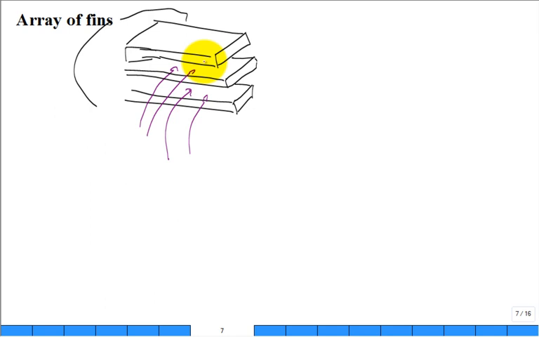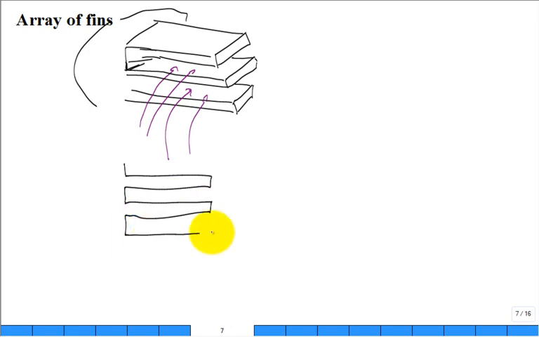Okay, well, if you have an array of fins, you can definitely have some exposed base. How's that? Let me try and do it in 2D now. You can have some convection off of this area right here, as well as off of the fin area.